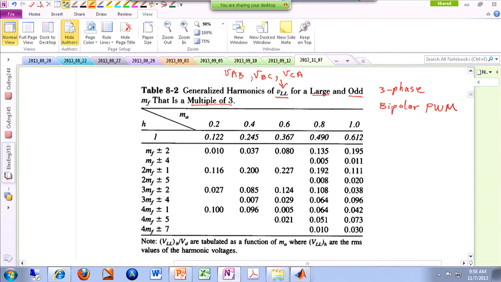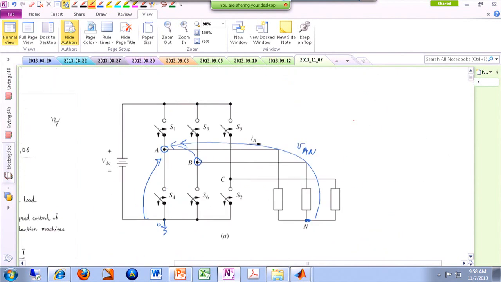And the other thing that is very, very important, if you look down here, is that these numbers are normalized by the input source. So if you see a number 1, that means 100% of the DC source that you're using. So remember, we have a DC source here.